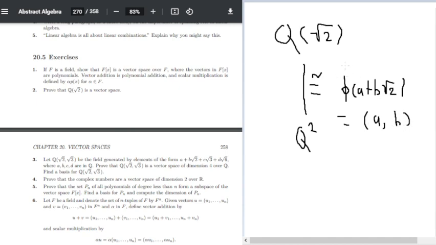Note here, I'm going to put in massive red letters: group.